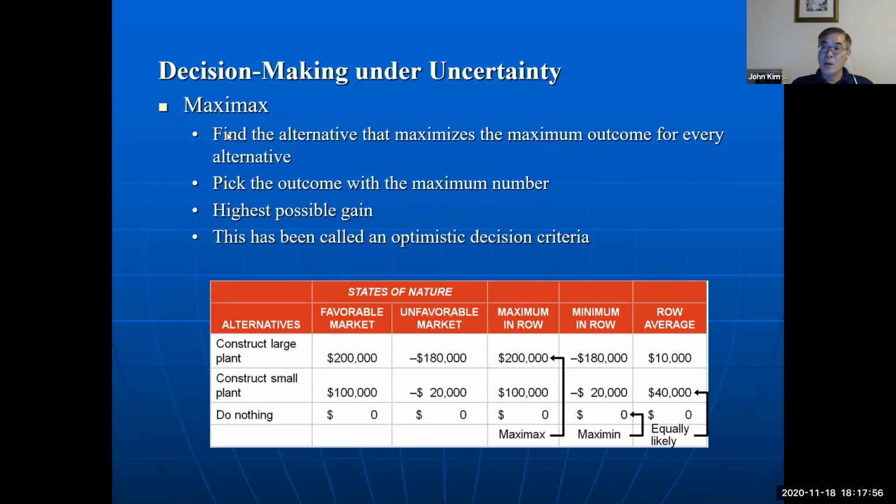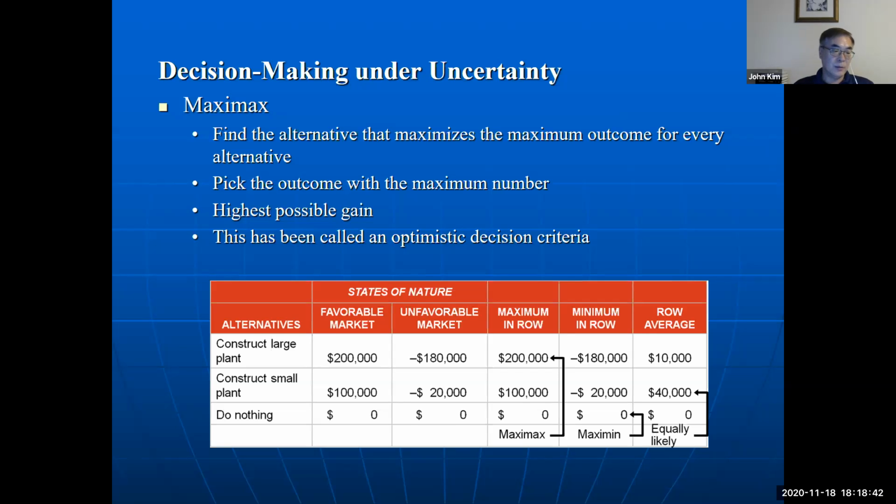The first method is maximax, a maximum of the maximum. Among those alternatives and information, this alternative's maximum benefit is 200,000, and then 100,000, and zero. Take the maximum of the maximum. So it's an optimistic decision making method.